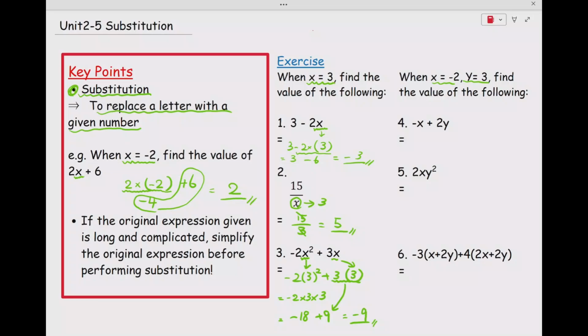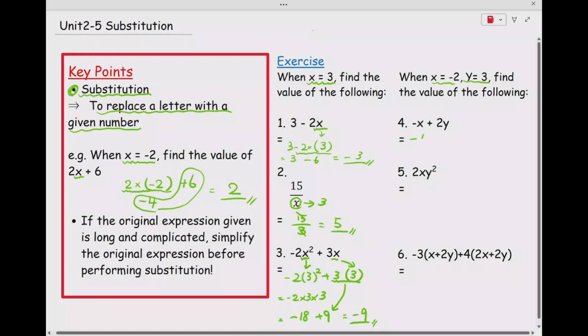In this case, x equals minus 2 and y equals 3 are given. So let's put these numbers in the places of each letter. Then we get minus times minus 2 plus 2 times 3. If we calculate each of these, we get plus 2 plus 6, and the answer would be plus 8.